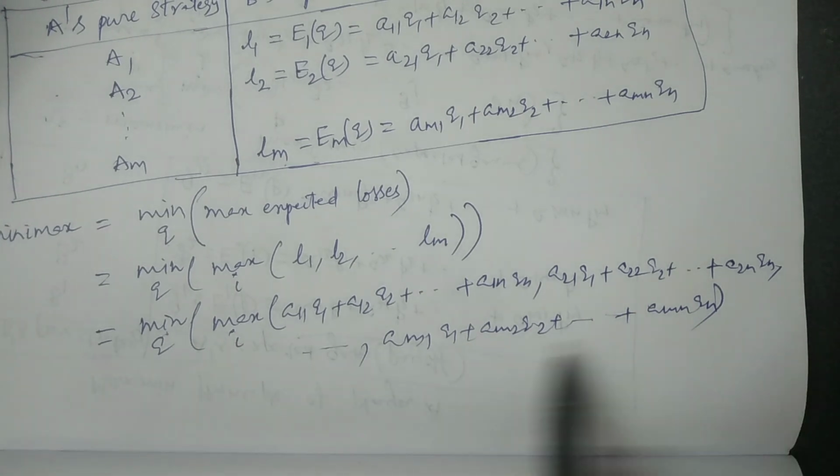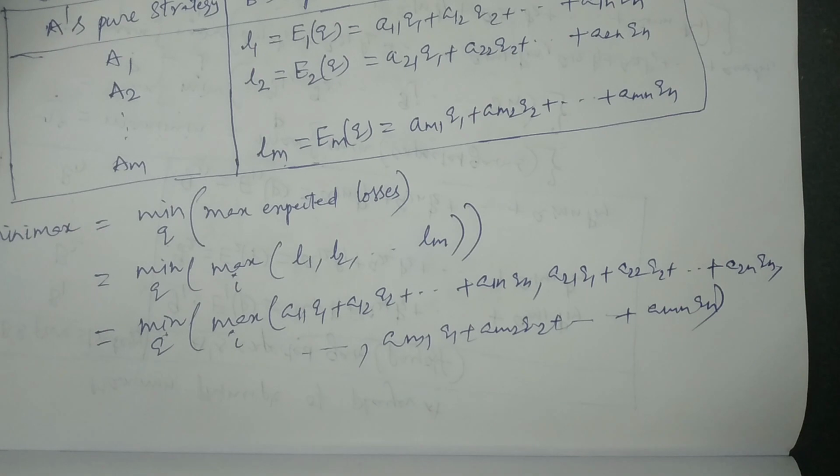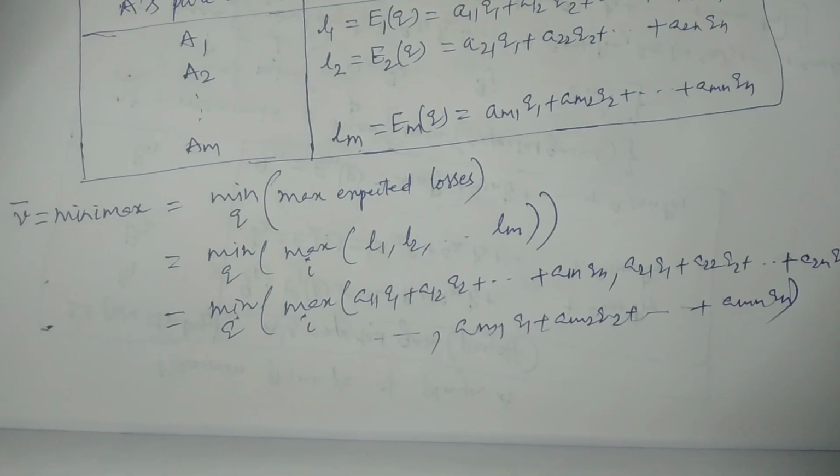These are the maximum expected losses, among which the one particular value which gives the minimum expected loss is called the minimax value.